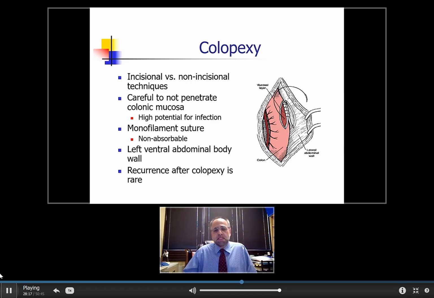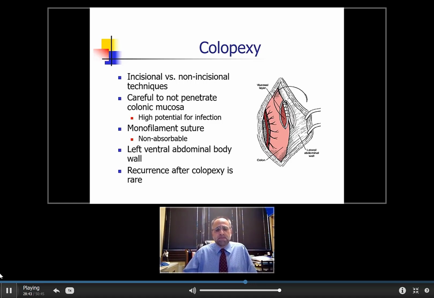But basically, once we reduce the prolapse, we go into the abdomen and we put some tension on the colon, and we do a partial thickness incision in the colon and a partial thickness incision in the body wall on the left side of the abdomen where the descending colon lives. And we're going to use some sutures to basically create a pexy of the colon to the body wall.